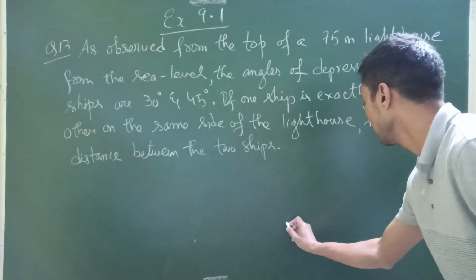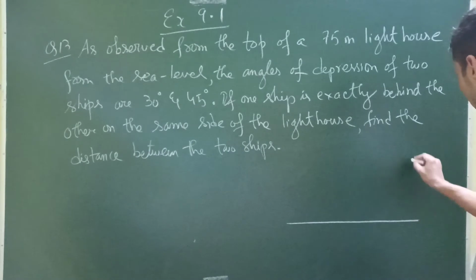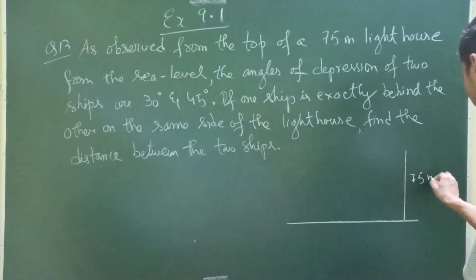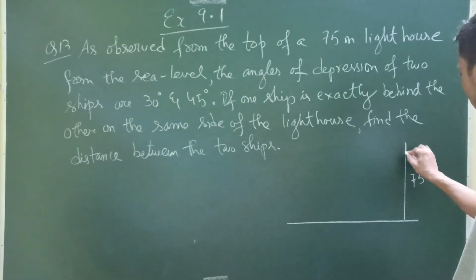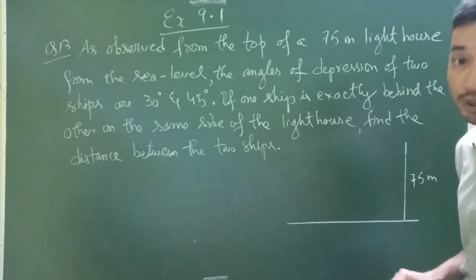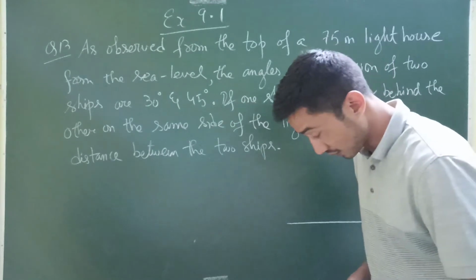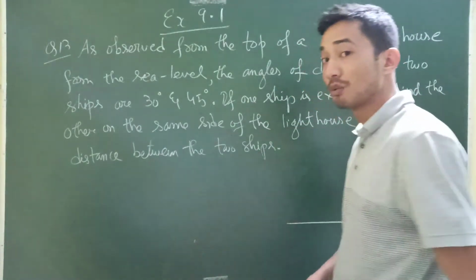Let this be the sea level, then maybe this is my lighthouse, which is 75 meter. Now from the top of the lighthouse, the angles of depression of two ships are observed. Depression means we are at the top and looking down.